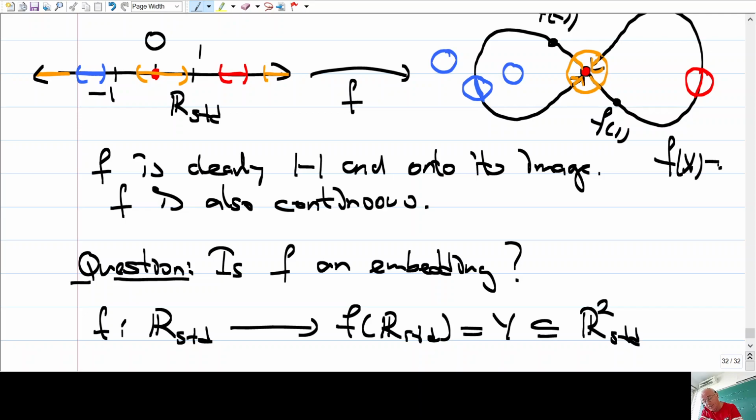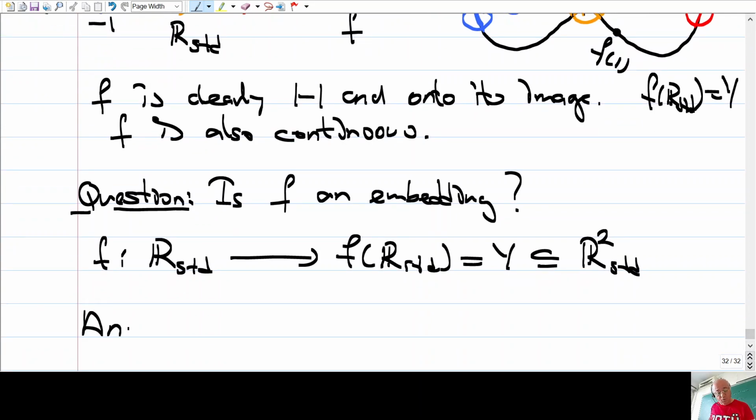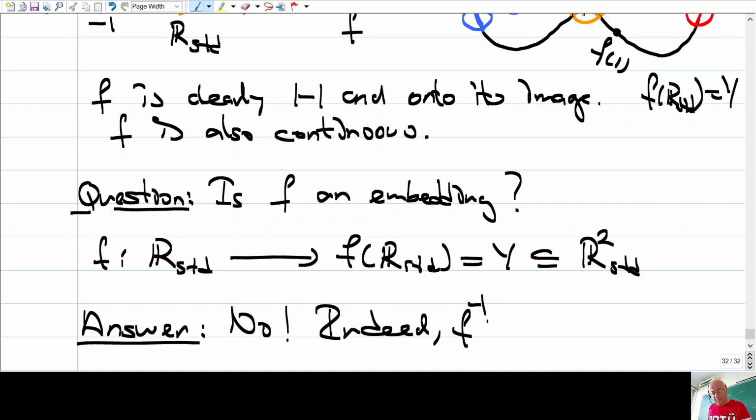So figure 8 is my f of R. Is it an embedding? The answer is no. This means f inverse is not continuous.